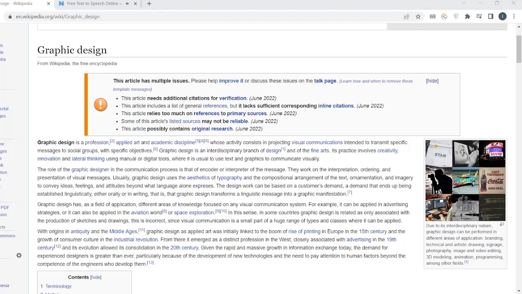From 1891 to 1896, William Morris' Kelmscott Press was a leader in graphic design associated with the arts and crafts movement, creating handmade books in medieval and Renaissance-era style.